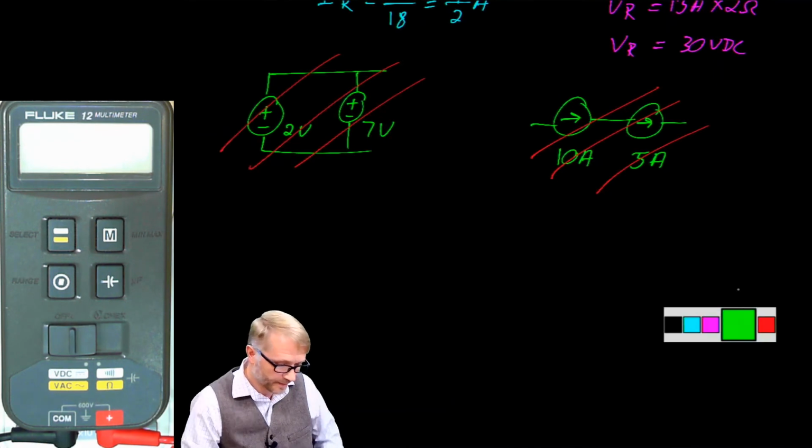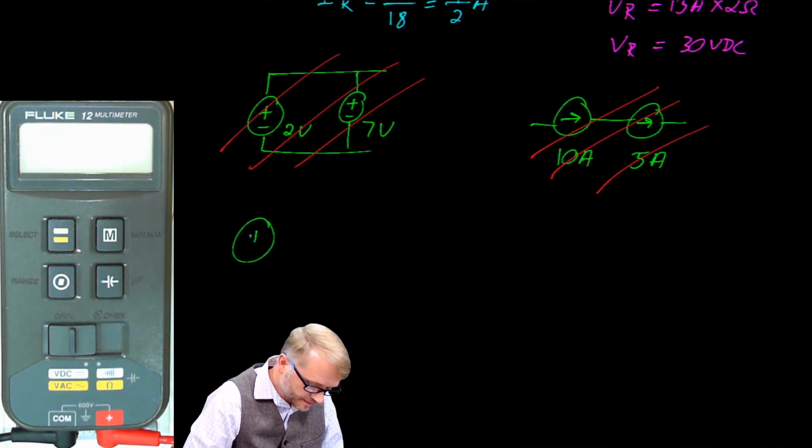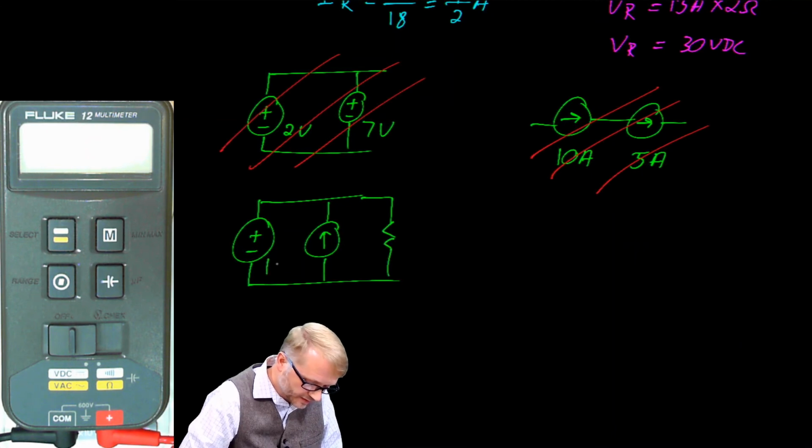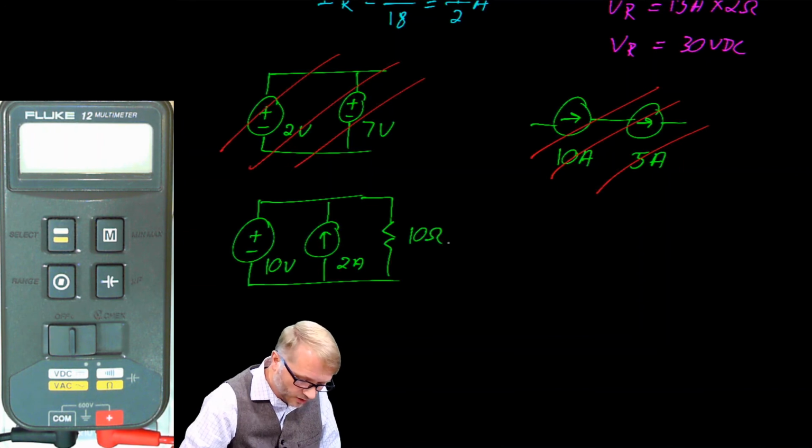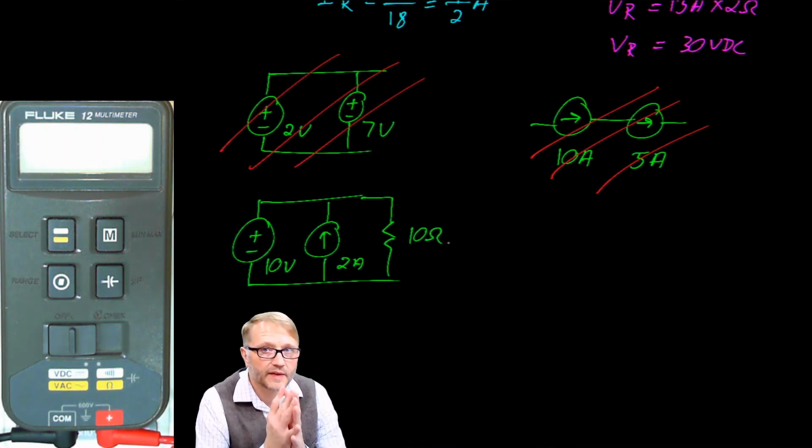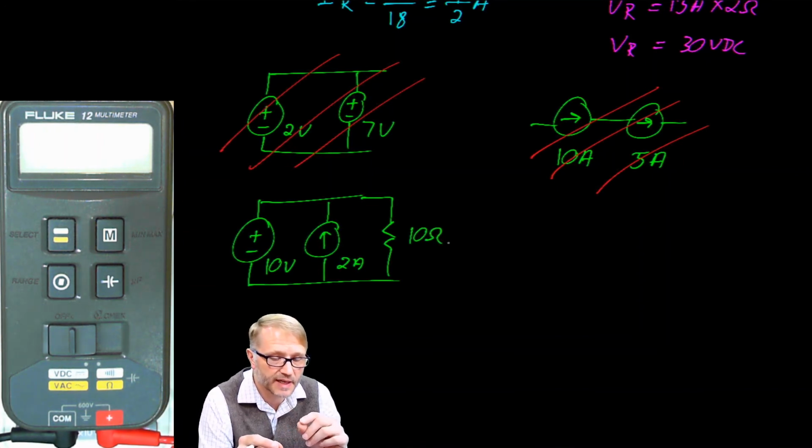However, you can do this. You could put a power supply there, then a current source, and then a load. So if we call that 10 volts, we call this 2 amps, and we call that 10 ohms. Now in this circuit, we've got the 10 volt supply and the 2 amp supply, and we have to ask ourselves, which one does what?